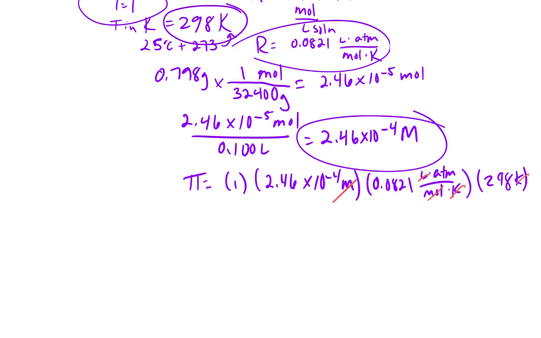And what did y'all get? 6.02 times 10 to the minus 3 atmospheres? Okay. Close-ish. Oh, I wrote 2, but let's say 3? I don't know. Never mind. Okay. Should be right. Questions on that?